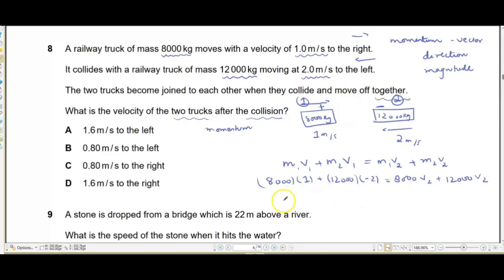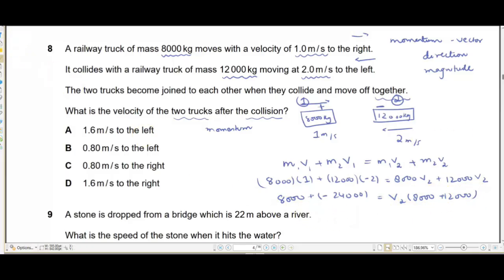So what we can do is 8,000 minus 24,000 is equal to, we can take V2 as common and add 8,000 plus 12,000.